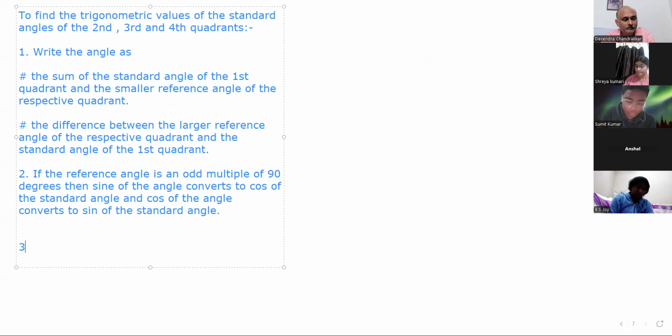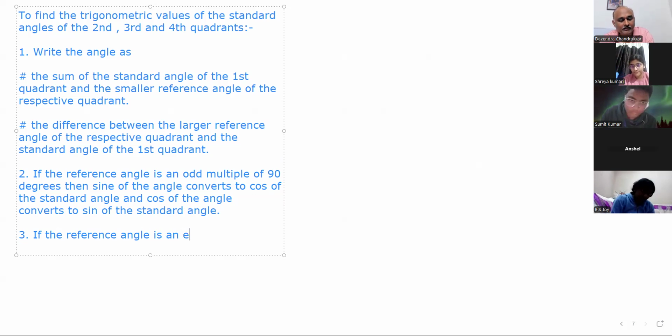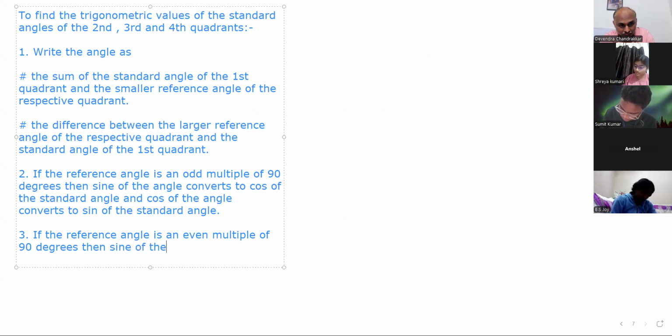Third rule is, if the reference angle is an even multiple of 90 degrees, then sine of the angle converts to sine of the standard angle.